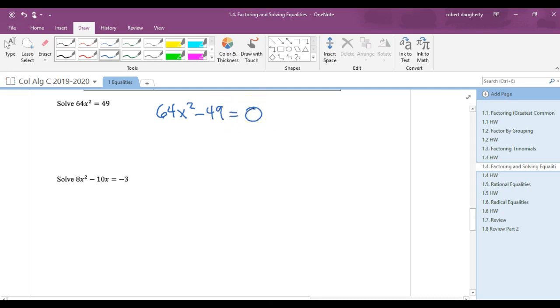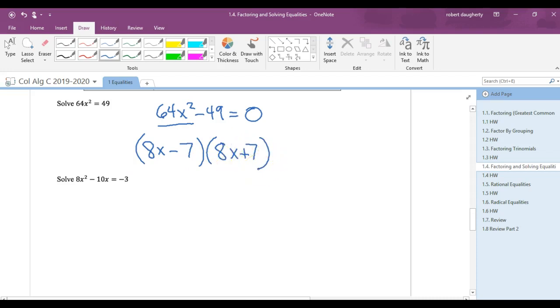Then I want to ask myself, what methods do I have to factor that? And what is it? Difference of 2 squares. So what's the square root of 64x squared? 8x minus 7 times 8x plus 7.